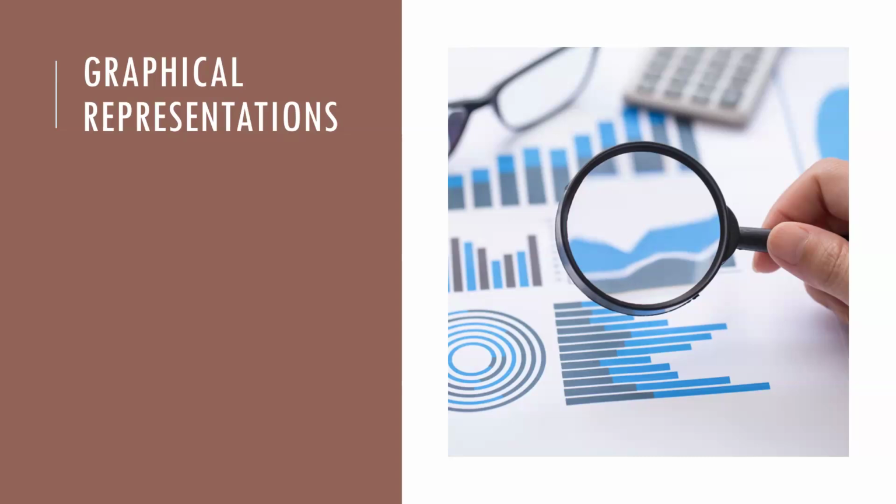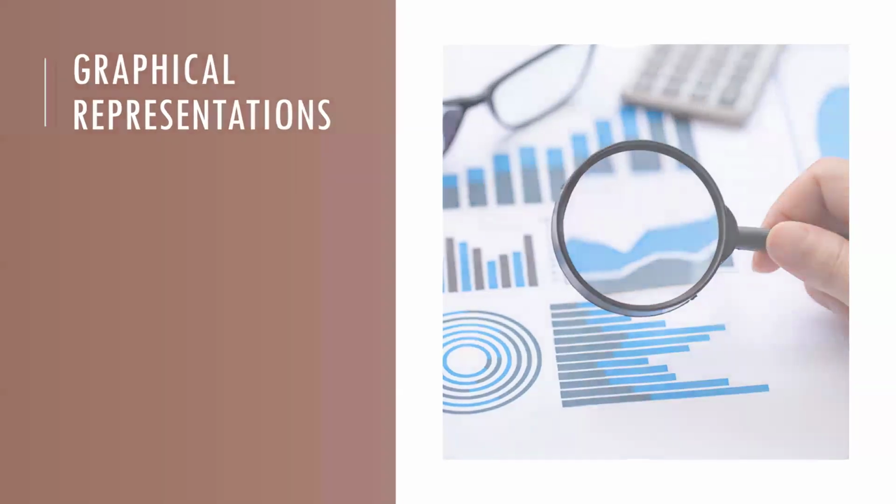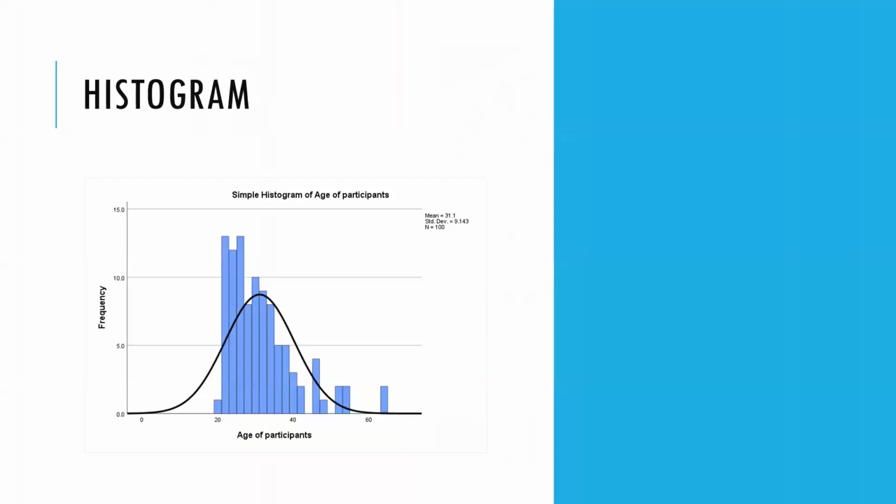All right, the final thing is graphical representations. The graphs are really important, especially in figuring out how to represent your data in a manuscript or in a report. One of the most common ones is the histogram. And again, the purpose of the histogram is to really determine whether you have a normal distribution.